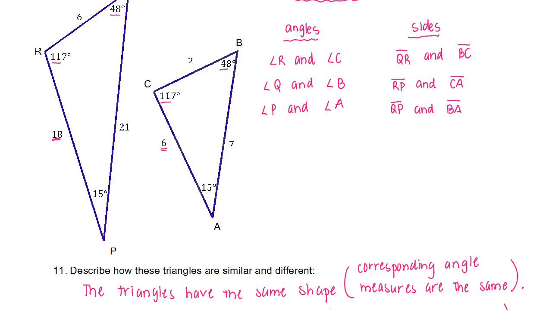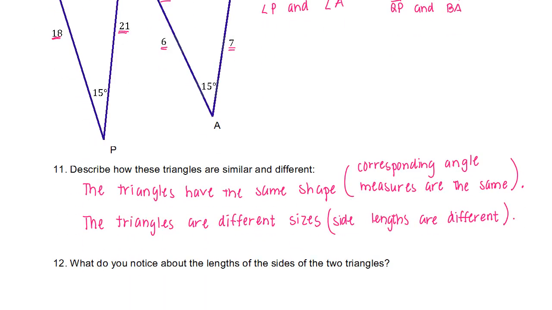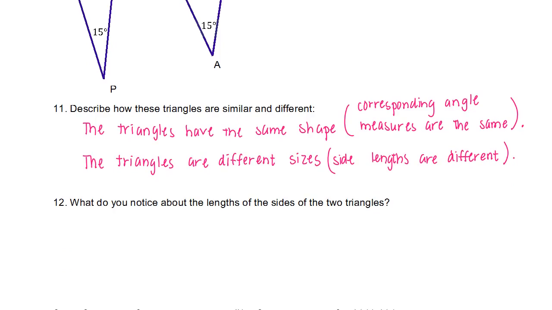And if I check the other corresponding sides, that same relationship holds true. So 6 in the larger triangle, 1/3 of that would be 2 in the smaller triangle. And of course, 21 in the larger triangle is 7 in the smaller triangle. So 1/3 of the measure of the side in the larger triangle.